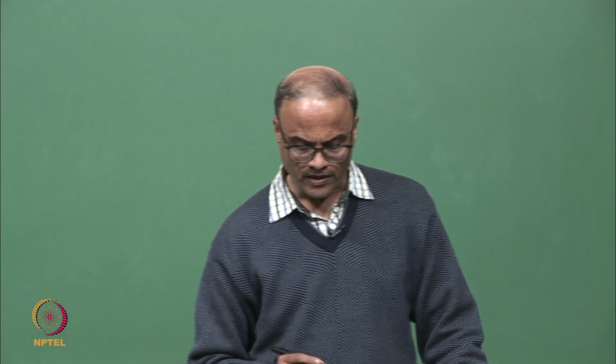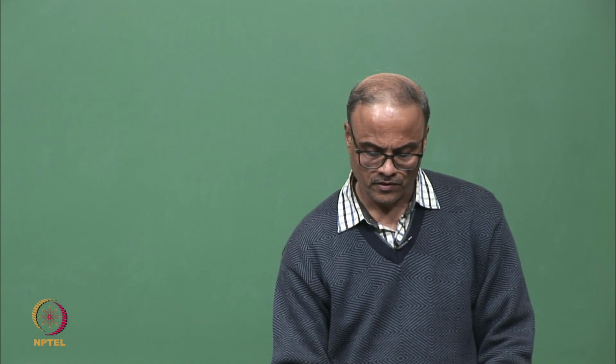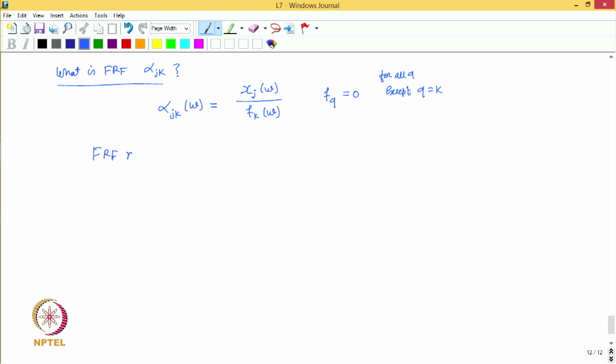So, this FRF matrix is symmetric, that is another important property of this matrix, right. The FRF matrix is symmetric for a linear system.